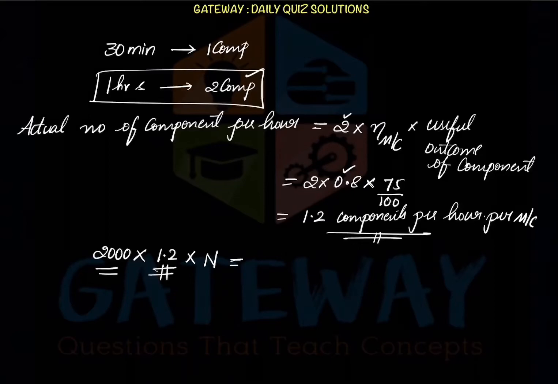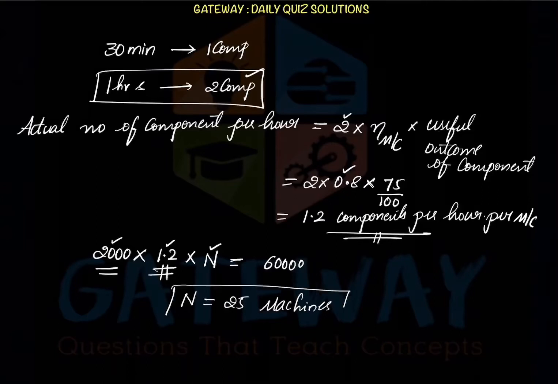I hope you are getting it. 2000 hours we have the working time, and 1.2 components a machine can make in an hour, and here comes our number of machines, n, and that finally will be equal to 60,000. Okay, then here comes our value of n, the number of machines, which is 25 machines. So if we take 25 such identical machines and if we work for 2000 hours in a year, then we will be getting 60,000 final products in that given year.